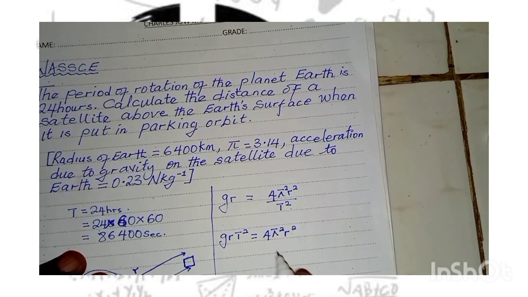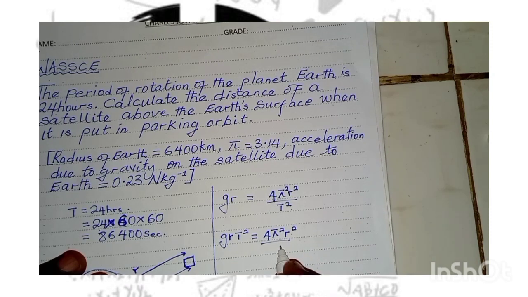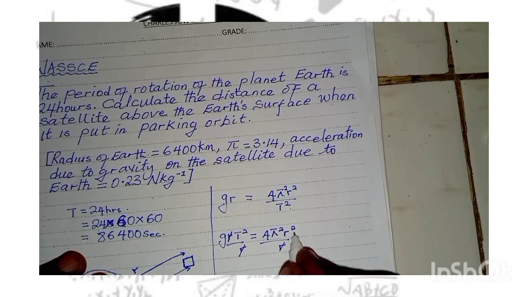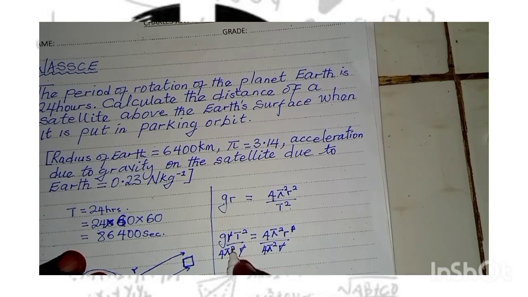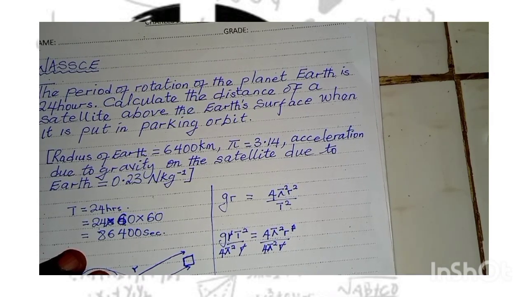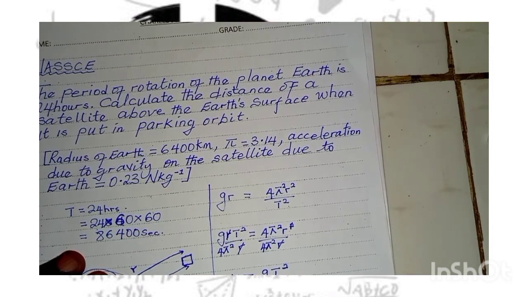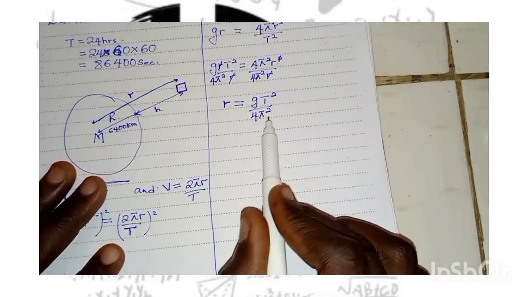There is r here and r there, so I divide both sides by r to eliminate it, and also divide both sides by 4 pi squared. Then I am left with r equals g multiplied by T squared all over 4 pi squared. So that's what we have: r equals g times T squared over 4 pi squared.